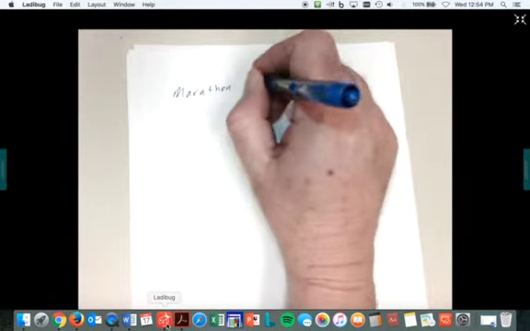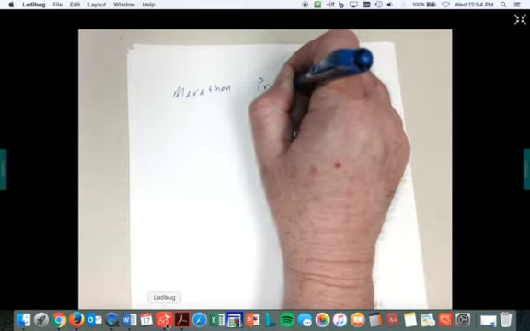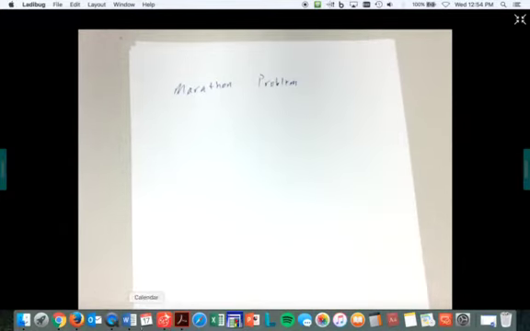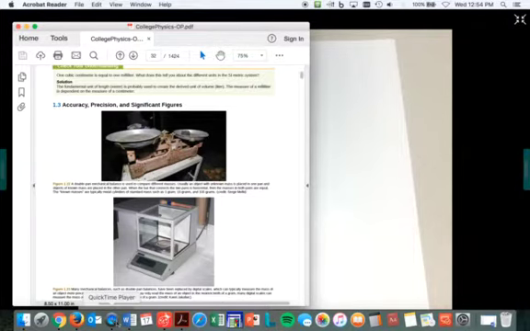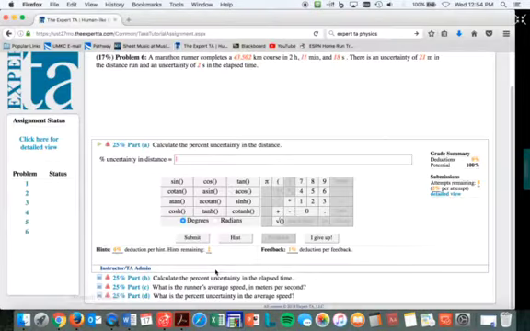So here's the marathon problem. On my radar here, it's the distance, 43.502 kilometers, which is equal to 43,502 meters.